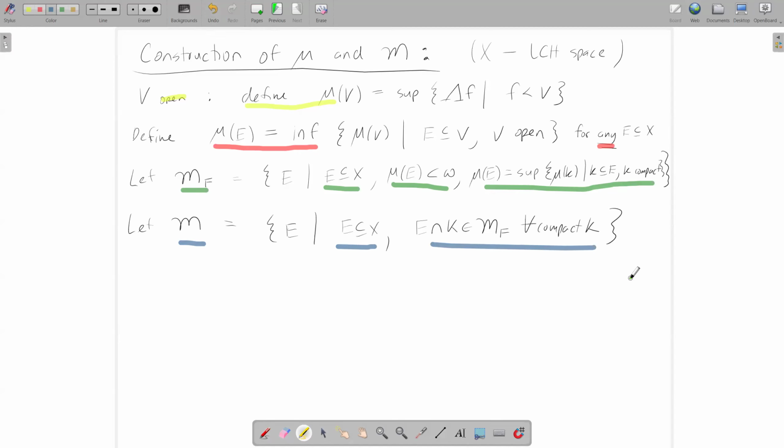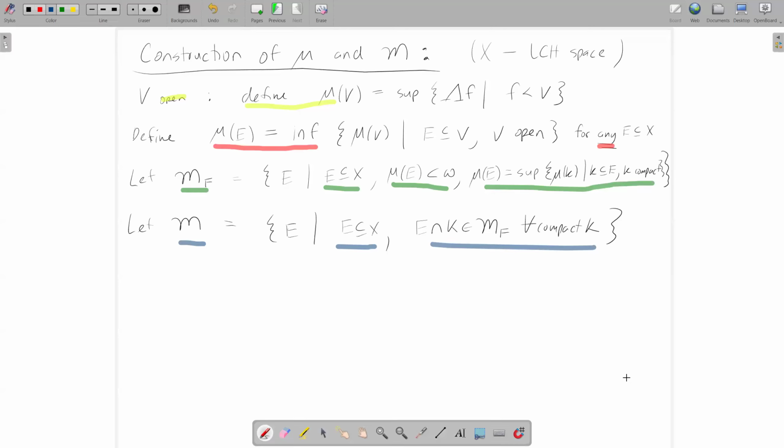Now if you think about it, we have a definition of the measure mu, and we have a definition of M, the sigma algebra. So what we need to do now is prove that mu is a measure and that M is a sigma algebra. So there's axioms. I did go over those. I believe that was in part two, if I remember right.